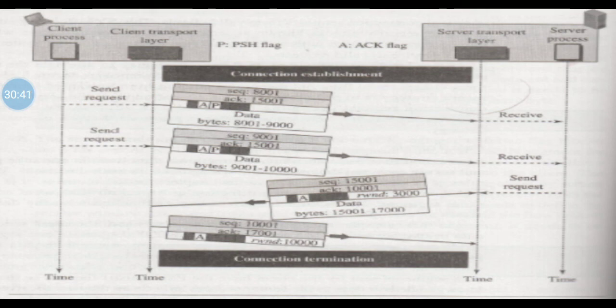The urgent pointer field in the header defines the end of urgent data, which is the last byte of urgent data. For example, if the segment sequence number is 15,000 and the value of the urgent pointer is 200, then the first byte of urgent data is byte 15,000 and the last byte is byte 15,200. The rest of the bytes in the segment, if present, are non-urgent.